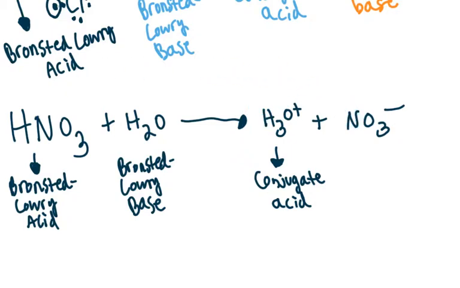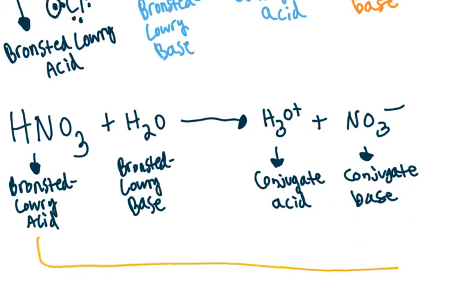So here, the nitrate anion will be our conjugate base. So we can see our acid-conjugate base pairs here. We have nitric acid and nitrate anion. That's one pair.